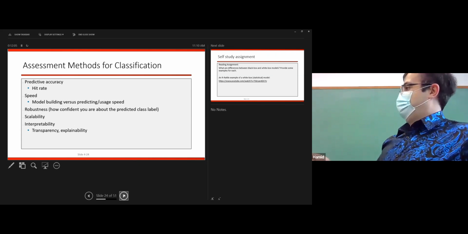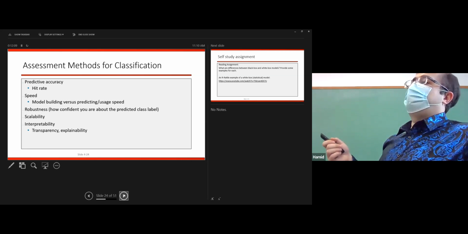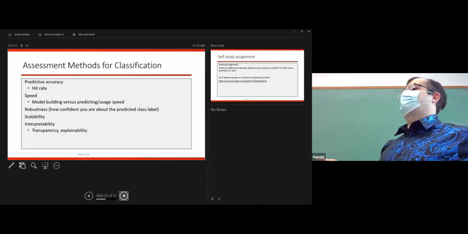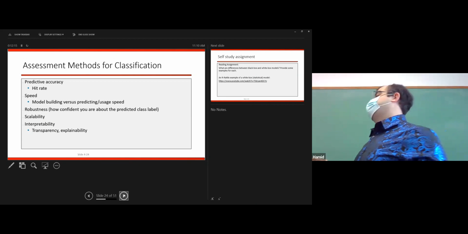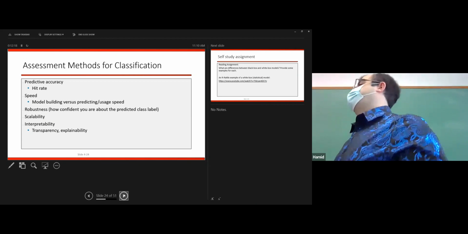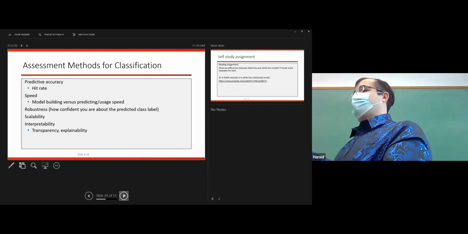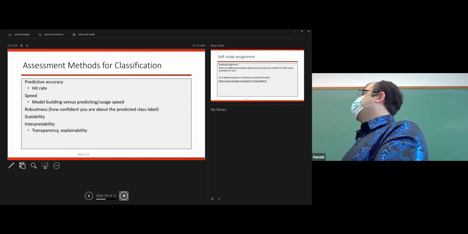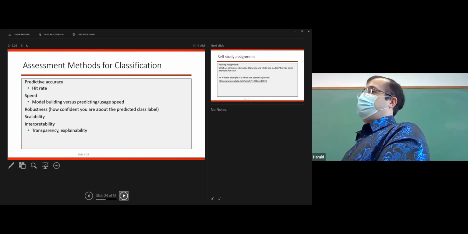You can interpret linear regression and decision tree. Models like neural network and SVM are very good in predictions. They can handle many kinds of non-linear relationships, but they are not good for interpreting.